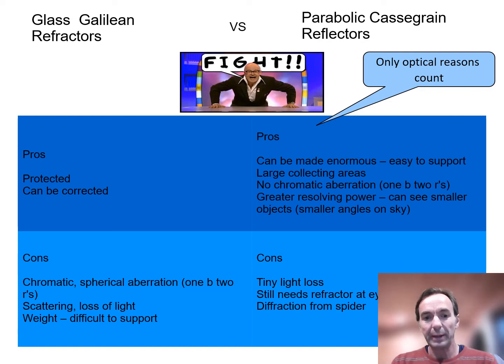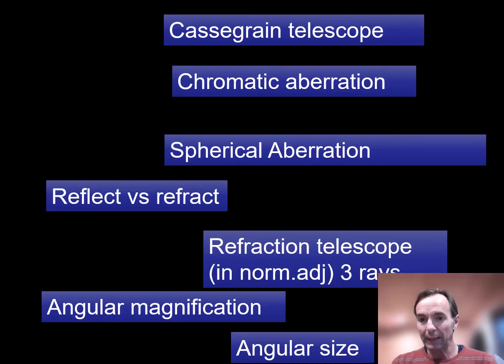Okay, so that's comparing the two. Just to recap what we've got so far: Cassegrain telescope, you're going to be able to construct that. Chromatic aberration, multiple focal points cause indistinct images. Same with spherical aberration, you need to be able to draw that as well. You need to be able to compare reflection and refraction. Your normal refraction telescope, in normal adjustment, you need to have 3 rays in, central one through the middle, and then coming out the other side, showing magnification and showing lots of other bits and pieces as well.